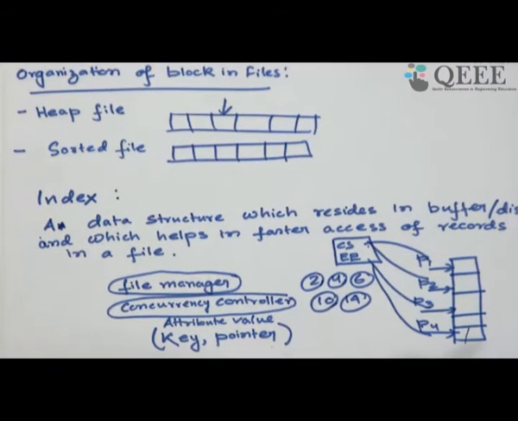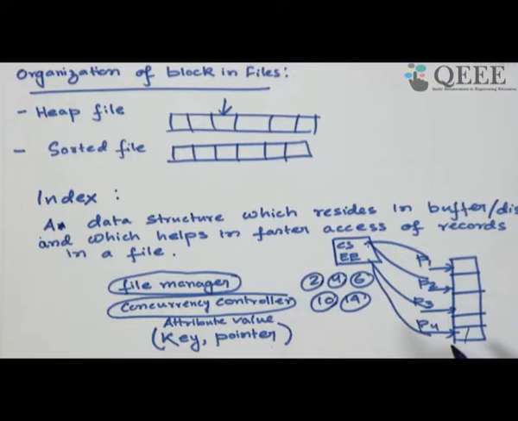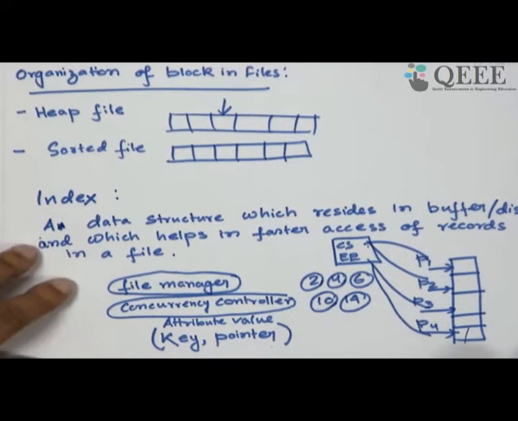Sometimes these indices themselves are very big, so to find an index entry you have to scan a lot of data. So we have second level indices on indices: one index structure to find the proper entry in the lower level index, and from the lower level index you find the entry to the file pointer.